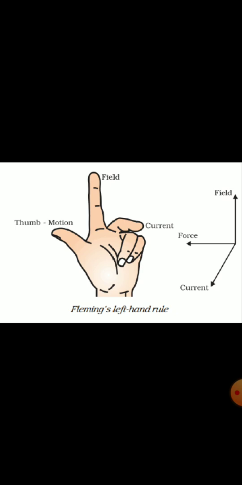If the magnetic field is in the upward direction and the middle finger shows the direction of current, then the thumb will show the direction of motion, or the direction in which force is exerted. So by using this rule, we can find the direction of motion.